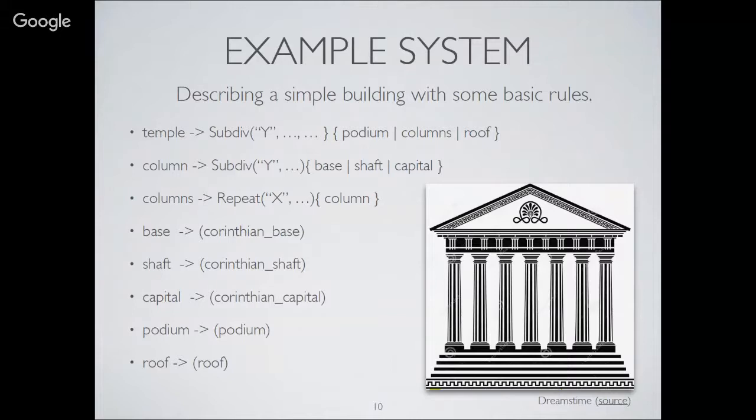So I can think of an abstract column, but this column actually consists of 3 different parts. And if we split up our conceptual thinking that way, it becomes relatively simple to actually generate pretty complicated structures. Again, this is a pretty simple example, consisting of just some basic rules. Don't worry about subdivide or repeat really right now. But this is the sort of basic conceptual framework that we can use to generate quite a lot of complexity.